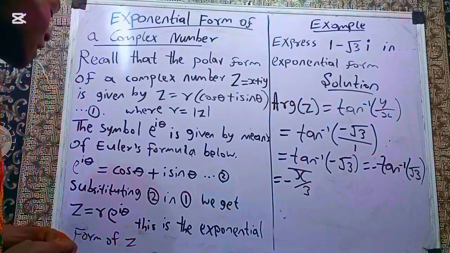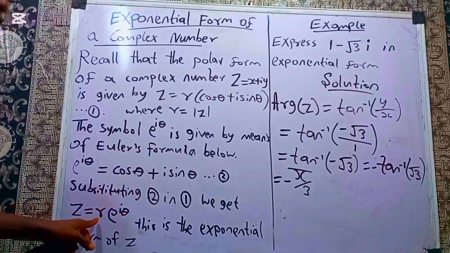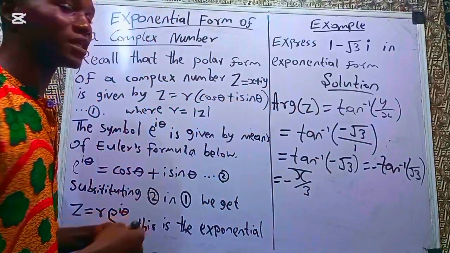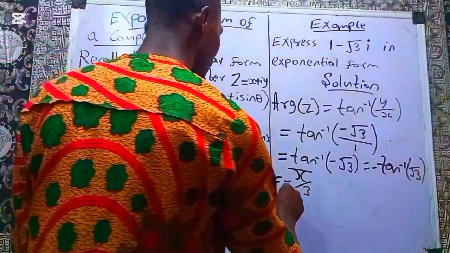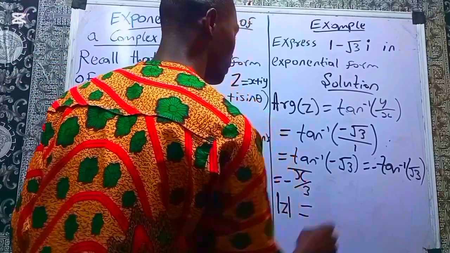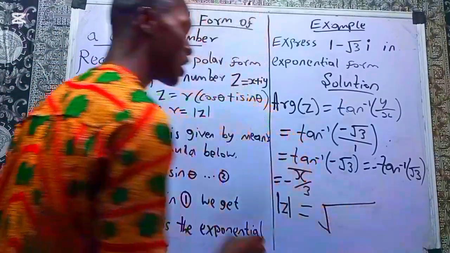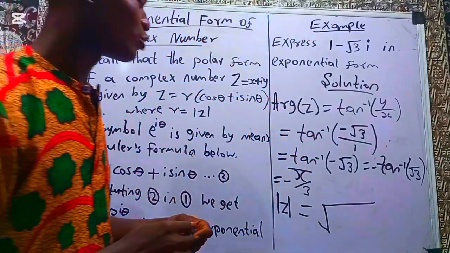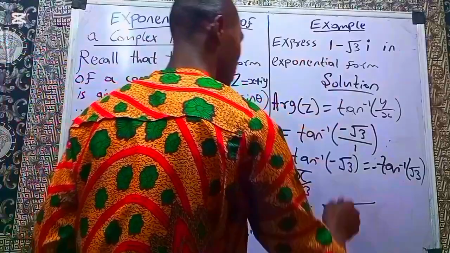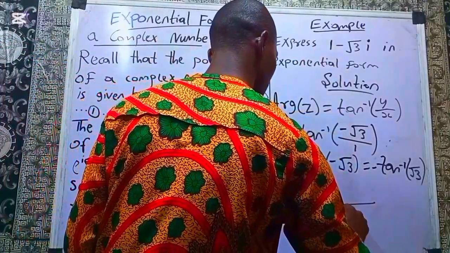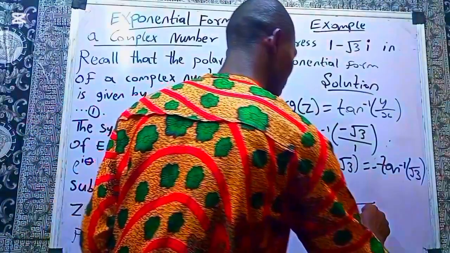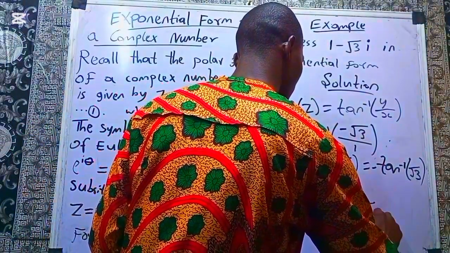So what do we need again? We have gotten our theta. We need our what? The modulus of z for us to express this complex number in exponential form. The modulus of z is equal to square root of, in our previous video I have already given you the formulas. So the modulus is the square root of the real part squared, so the real part is 1, plus the imaginary part squared. What's the imaginary part? Negative square root of 3.